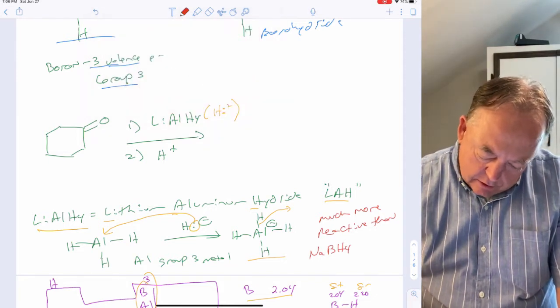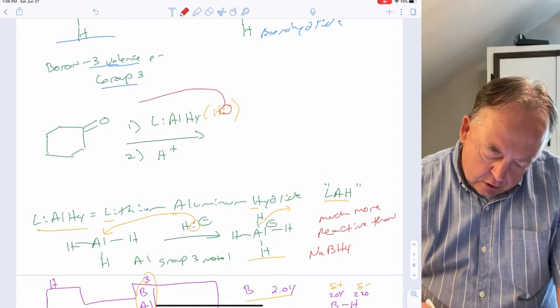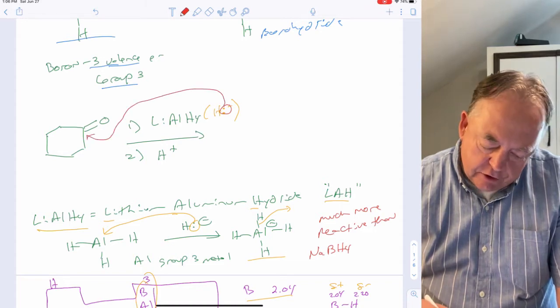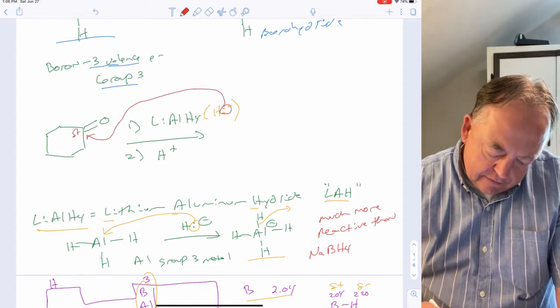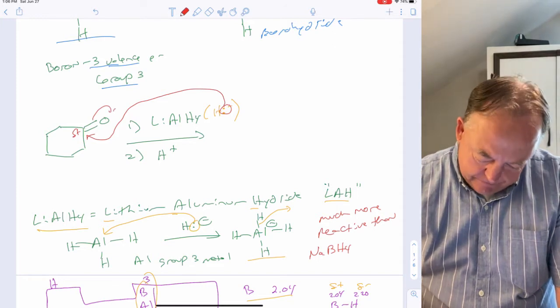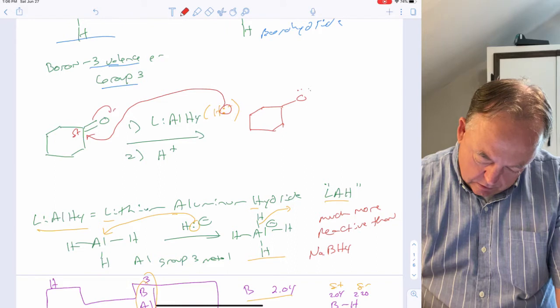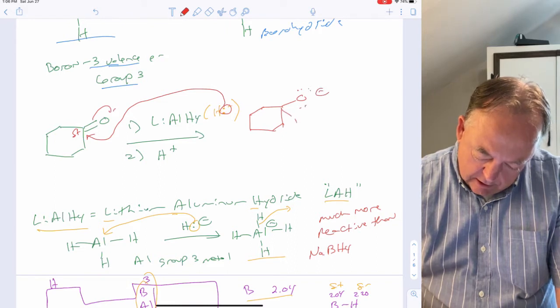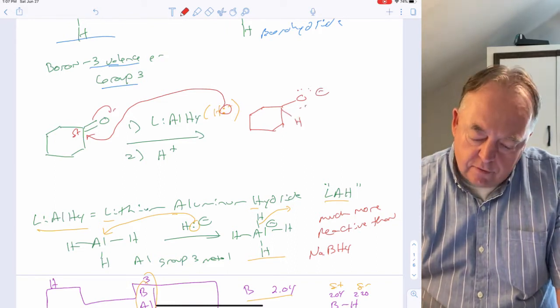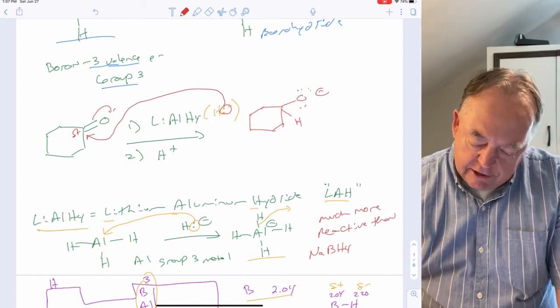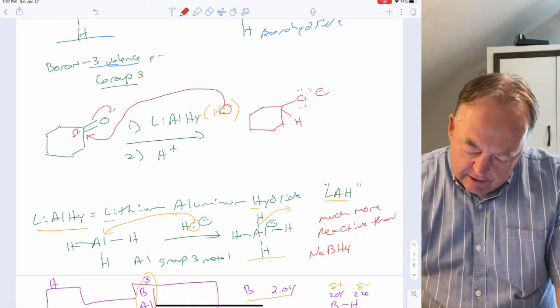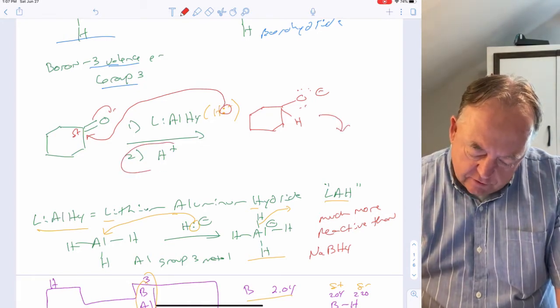So we take the 2 electrons on hydrogen, make a bond to carbon, because that's carbon's partial positive, and break the double bond. The hydrogen on carbon comes from LAH or sodium borohydride, and the hydrogen on oxygen comes from the second step.